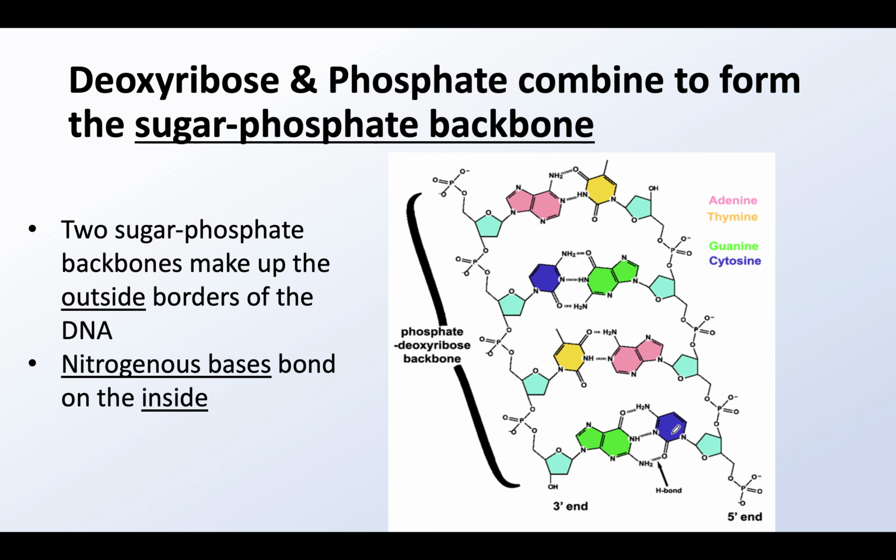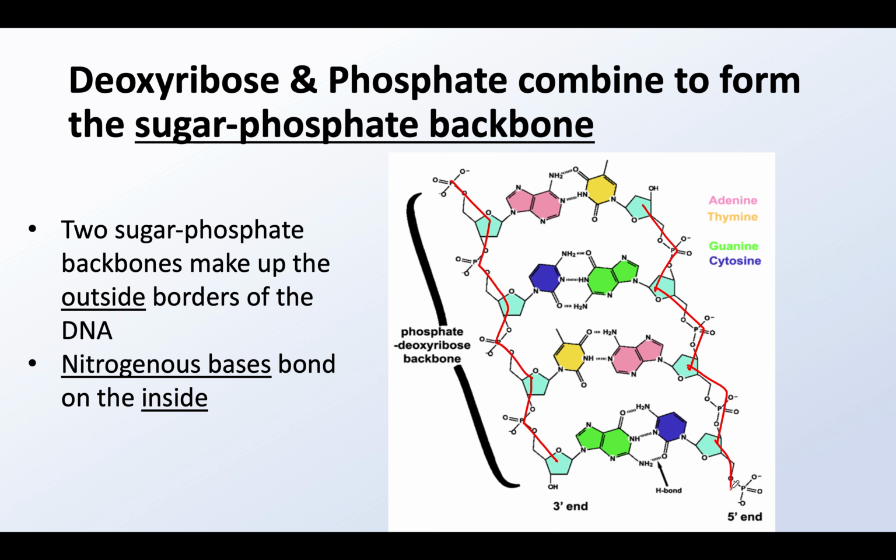Alright, then we have two more components, the deoxyribose and phosphate, and they are going to combine to form the sugar-phosphate backbone, which creates the outside borders of our DNA. And you can see that here we have our phosphate, sugar, and they just will bond all the way down one side of the DNA, and you can see them making another backbone on the other side.